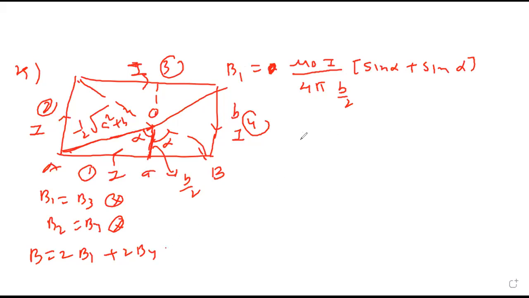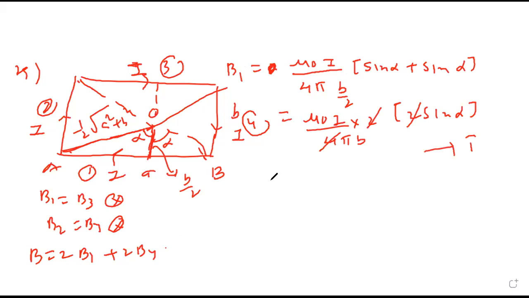So mu naught I into 2 will go up, over 4 pi B, 2 times sine alpha. 2 and 4 cancel, so we got B1. Now B4 will be mu naught I upon 4 pi. What is this distance? Is it A by 2?